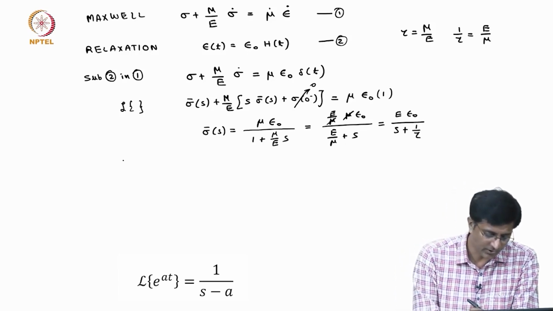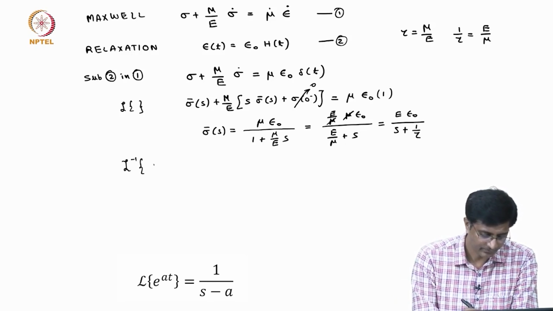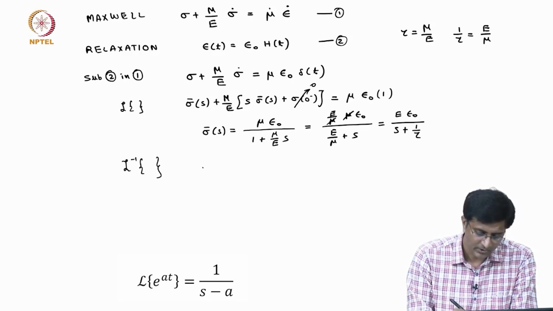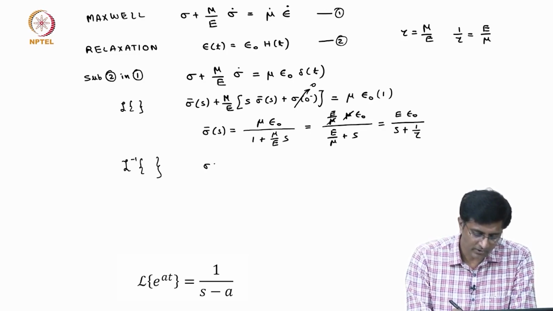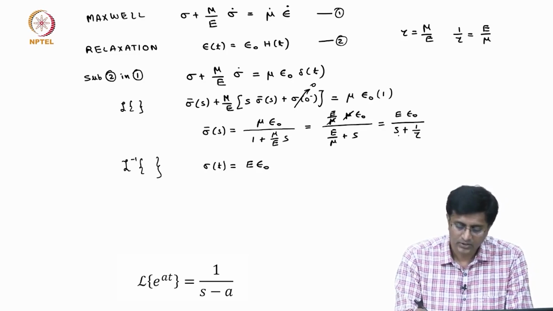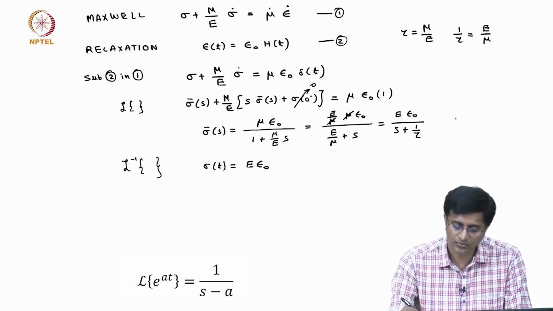Now, once we apply the inverse Laplace, we should be getting the stress in the time domain equal to E epsilon naught times the inverse Laplace transform of 1 by s plus 1 by tau.